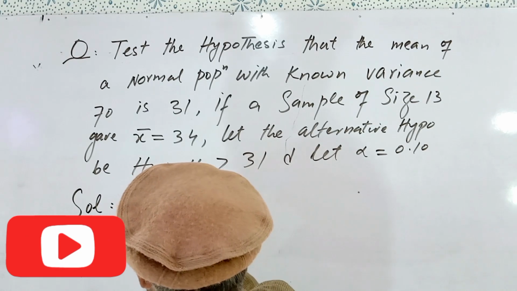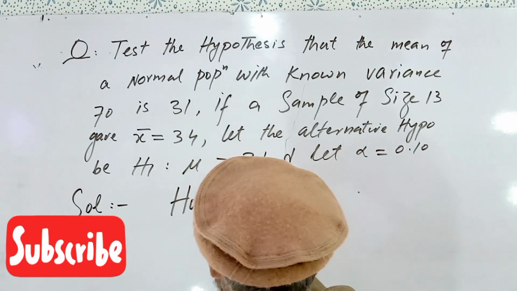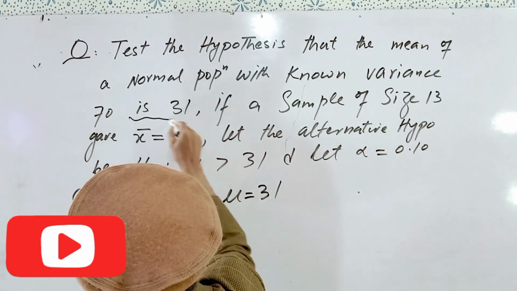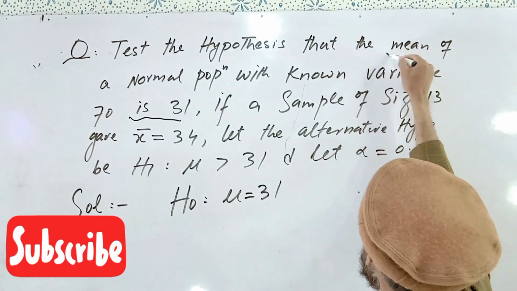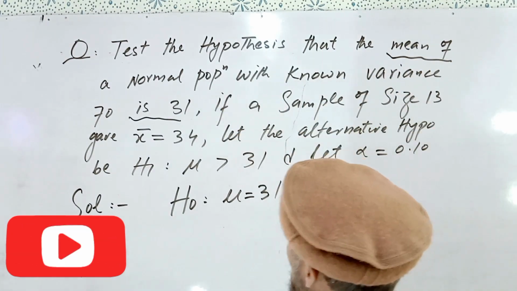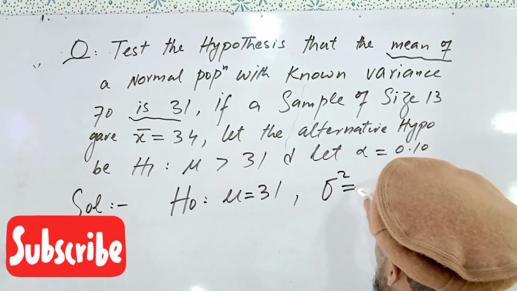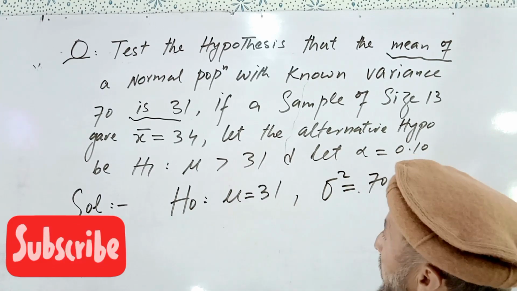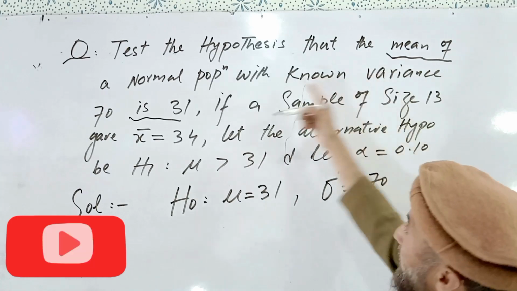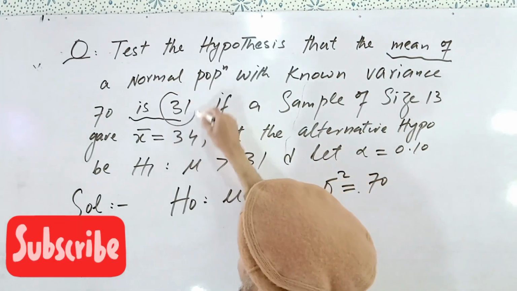Given that H naught: mean is 31, we are testing that the mean is 31, which is already given. So the mean of a normal population with known variance 70 is 31.